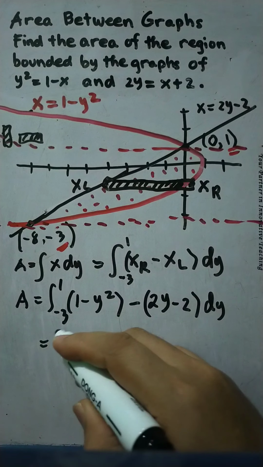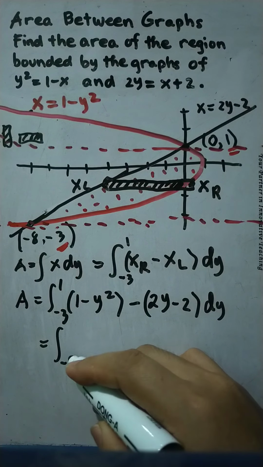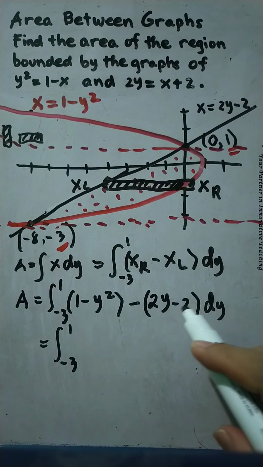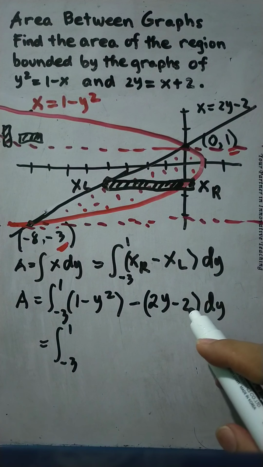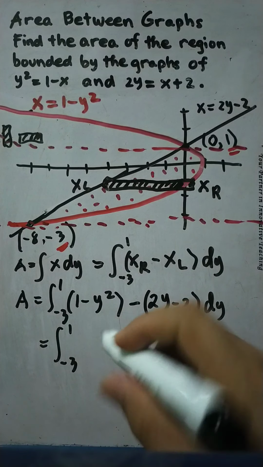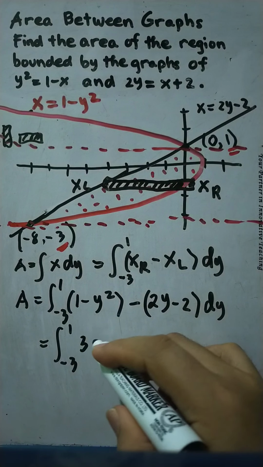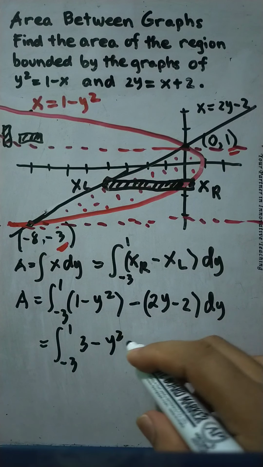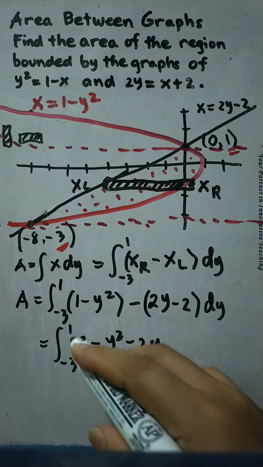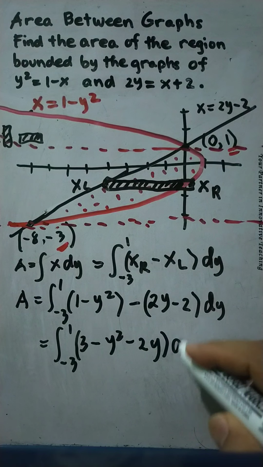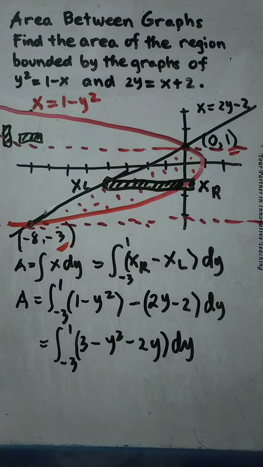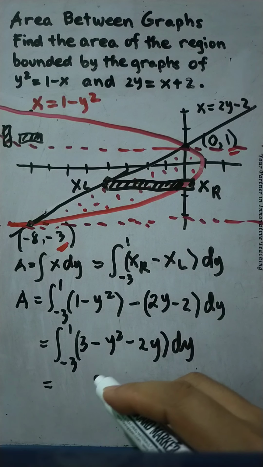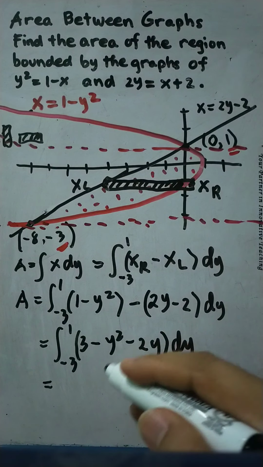So, we have here the integral, lower limit -3, upper limit 1, of 1 negative times -2 is +2 plus 1 equals +3 minus y squared. We have this one, and then negative times 2y equals -2y. Okay? dy.